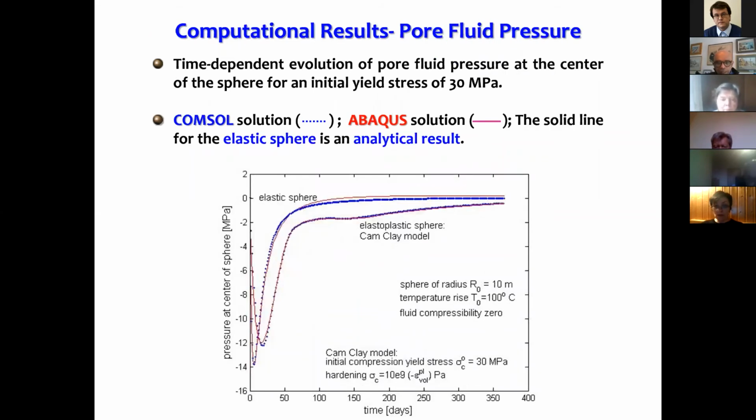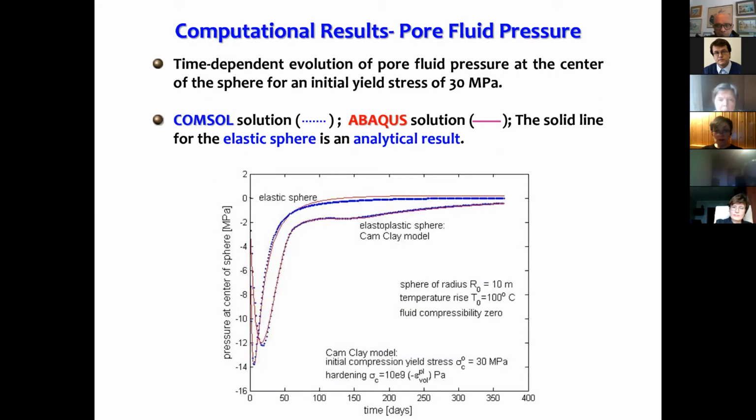In terms of the pore fluid pressures that are developed, so you can see the results for the elastoplastic sphere is this. There's no analytical solution for that, but the computational solution matches very closely the ones that you get from the elastoplastic sphere there.